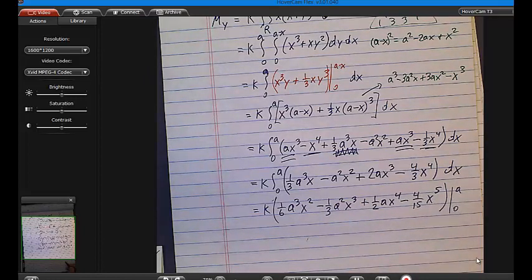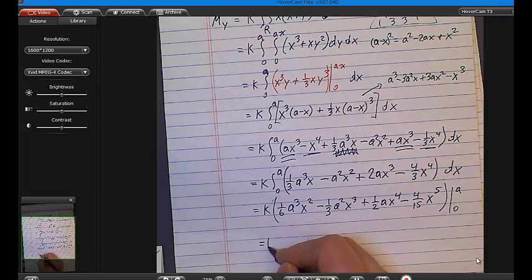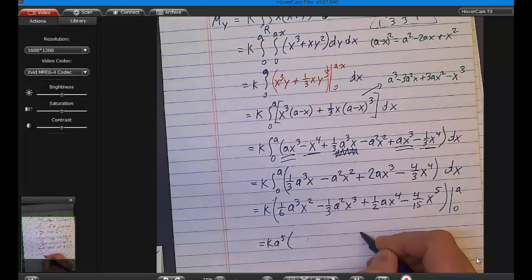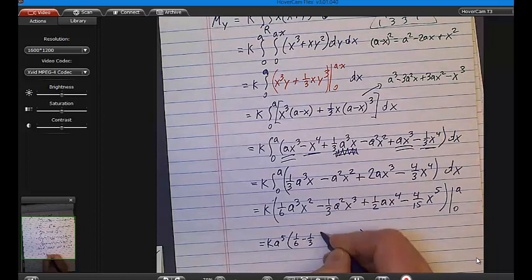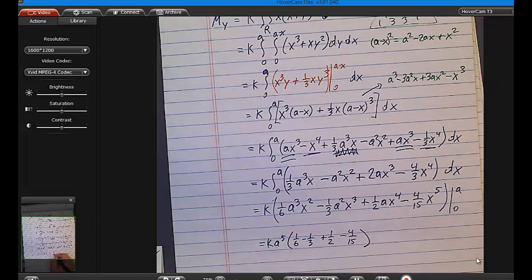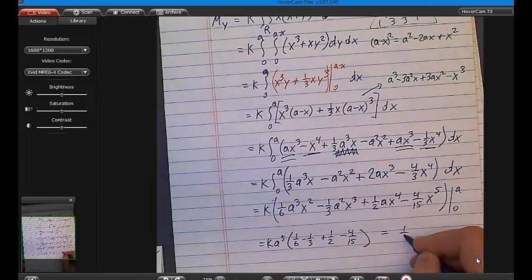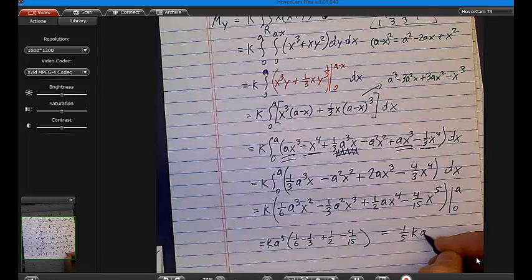Okay. So isn't it true that all these things are going to be a to the fifth? Yeah. Cool. So we get k a to the fifth times a bunch of fractions. 1/6 minus 1/3 plus 1/2 minus 4/15. Comes out to be 1/5. Really? So you're telling me that's 1/5 k a to the fifth.